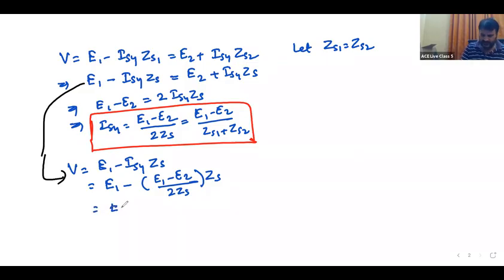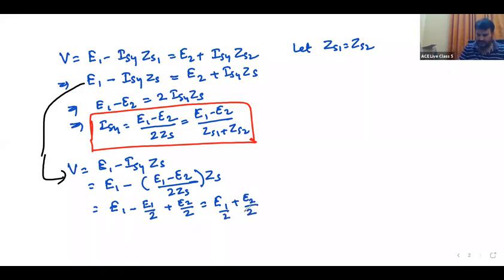So E1 minus the ZS will get cancelled. E1 minus E2 by 2 plus E2 by 2, that is equal to what? E1 by 2 plus E2 by 2.